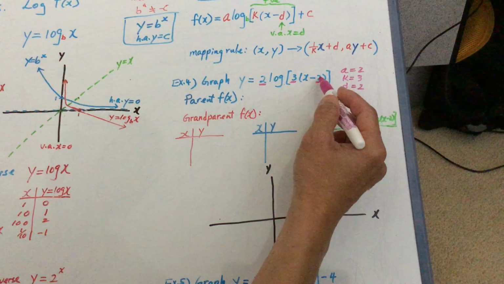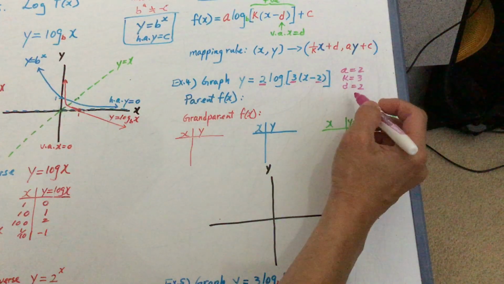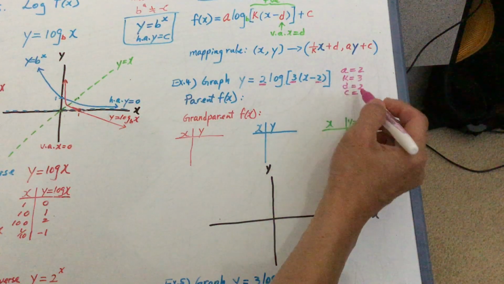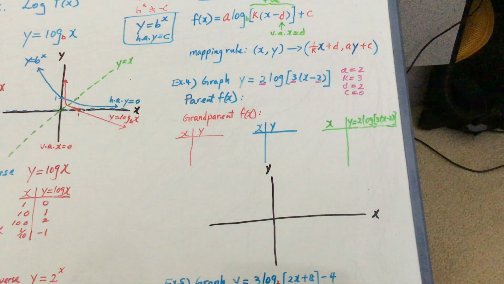If d is positive, then you will see a plus sign here, same thing as with the quadratic or the other one. And c, when you don't see anything, is equal to 0. So this is what you have in terms of transformation.